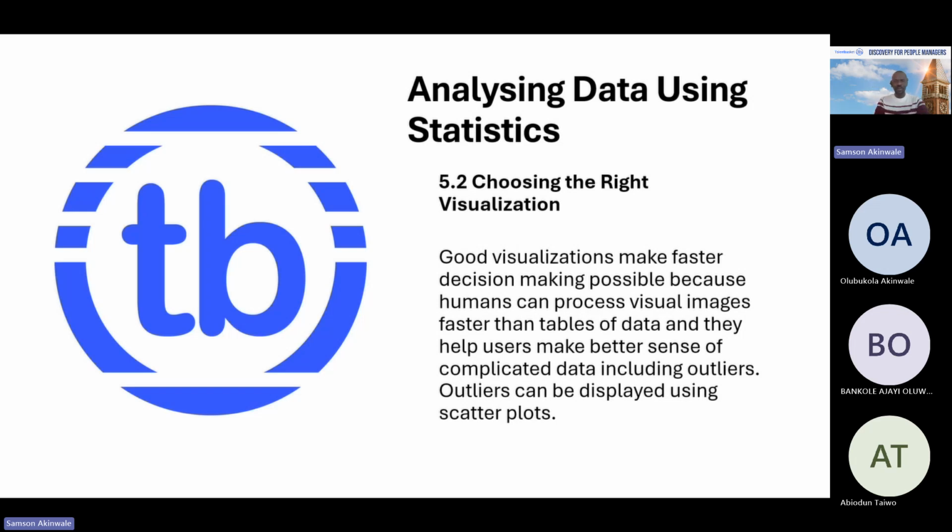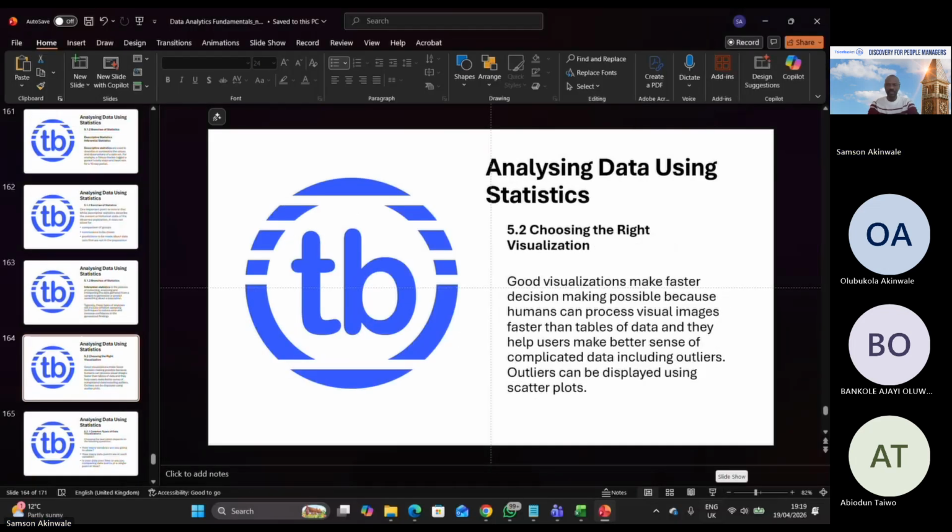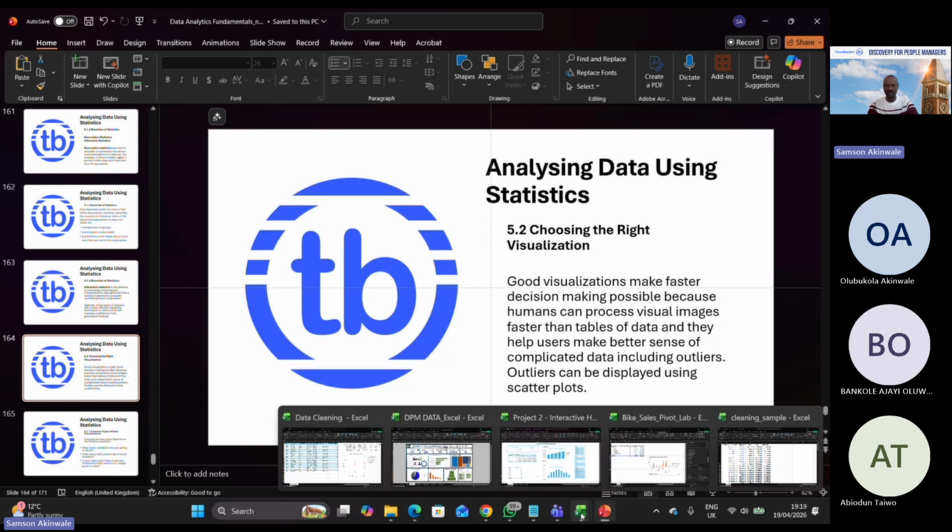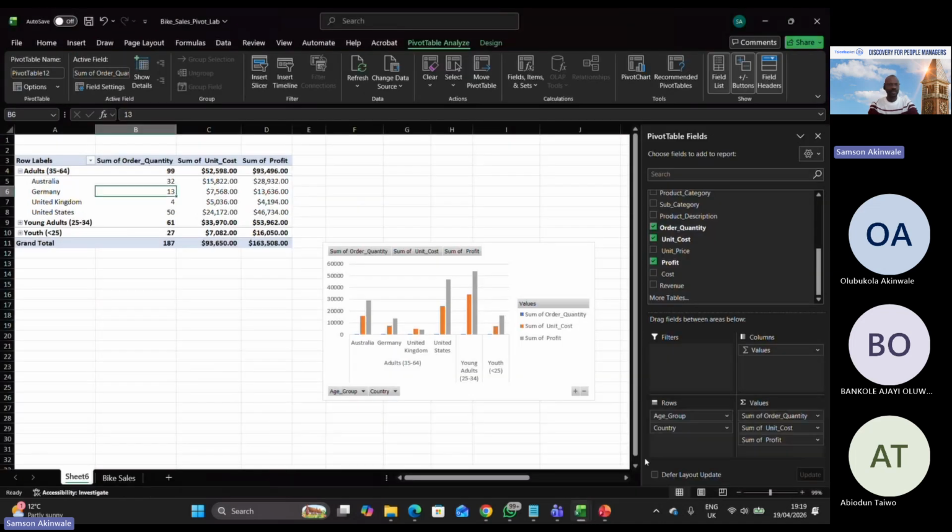Before going to the second aspect of the objective, which is visualization, I want to show something from the second part of my discussion the other time when we were discussing charts.